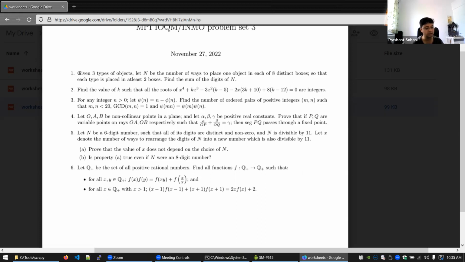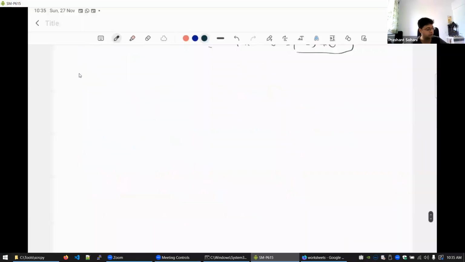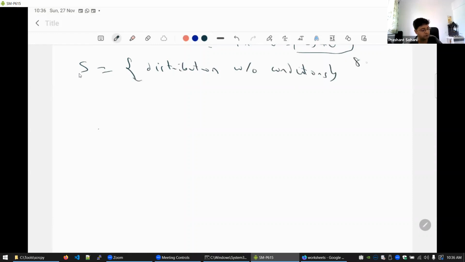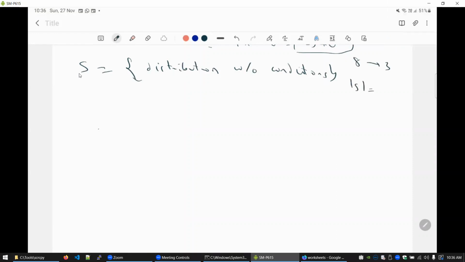So I can write my inclusion exclusion in this way: let the universal set S be the number of distributions without any conditions. So S is all possible distributions of the 8 objects into 3 boxes, right? So what will be the size of S? So 3 to the 8.